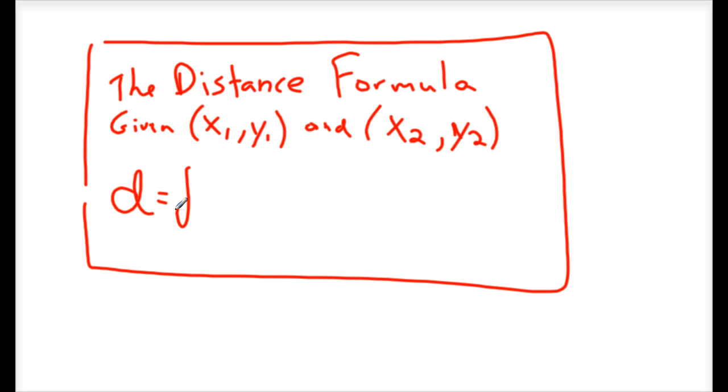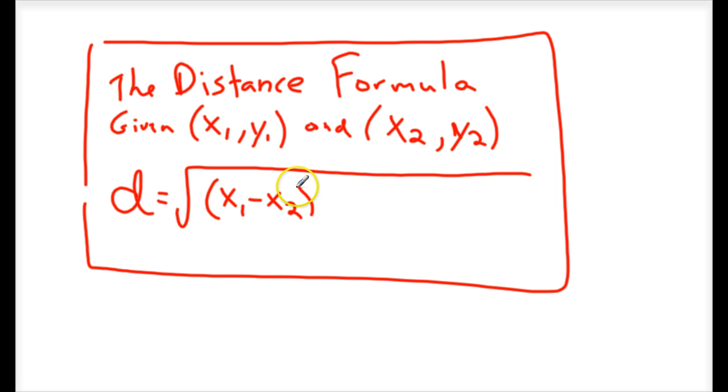D equals, put the biggest square root symbol you've ever drawn. Long square root symbol. All right, start a parenthesis. x1 minus x2 quantity squared.